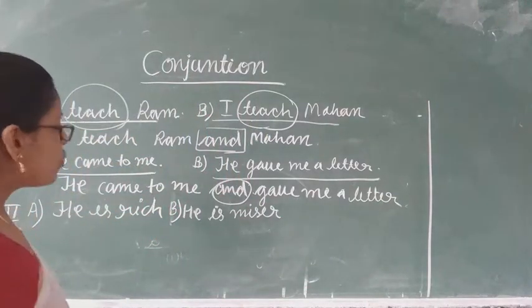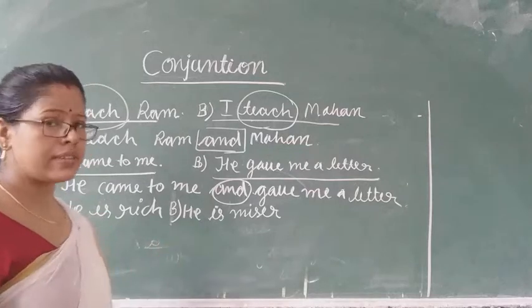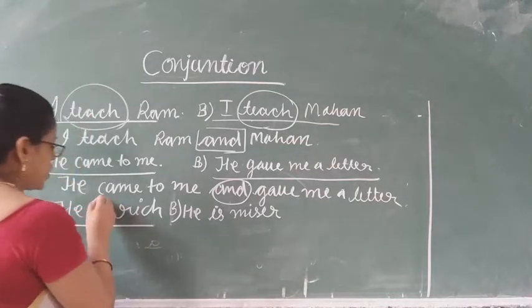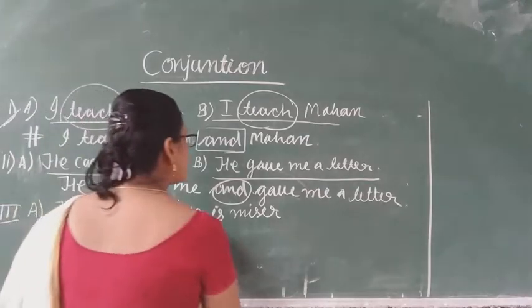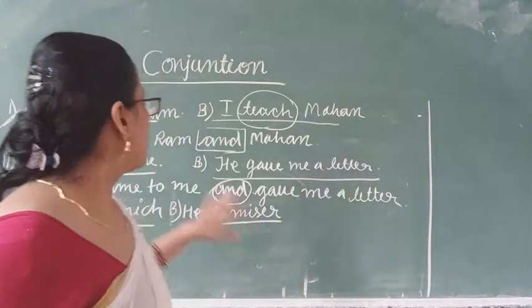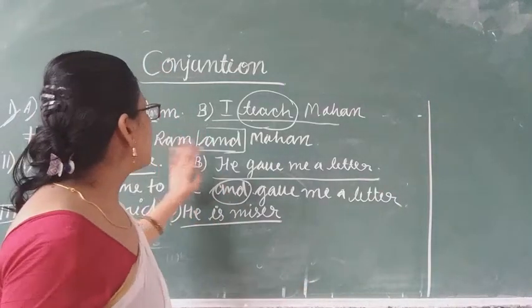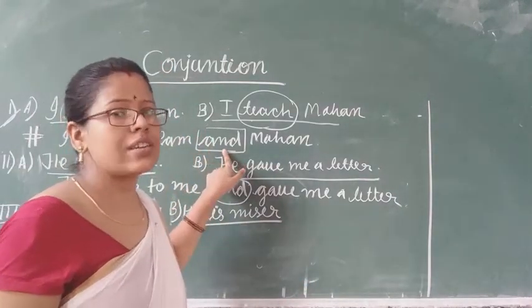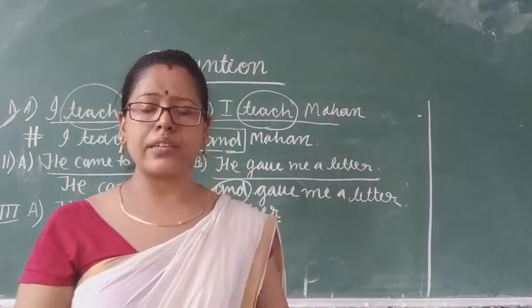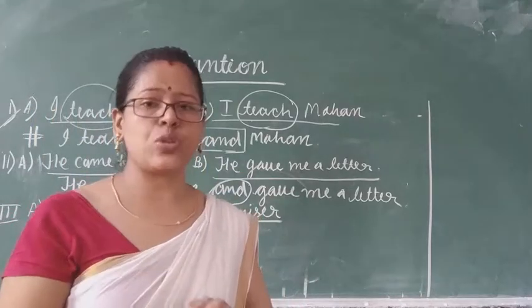Now, let's move ahead towards another sentence. He is rich. Okay? He is miser. Remember one point here. Here, in the first example, I have used coordinate conjunction and. You must understand, and means what is the meaning of and? It means what? In addition to.